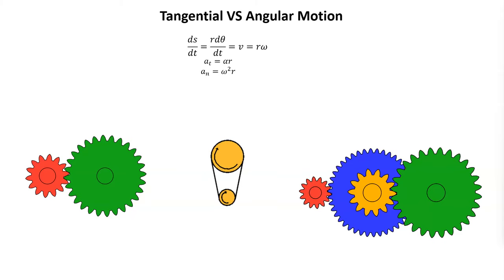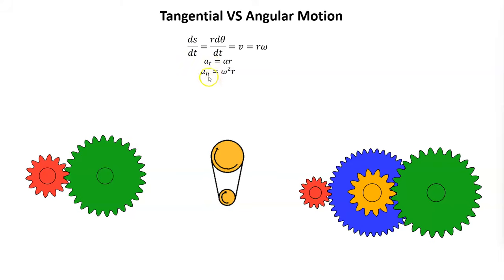So again, the radius times the angular displacement theta gives the velocity, which is the tangential velocity equal to the radius times the angular velocity. And you also have your angular acceleration times the radius, which is equal to your tangential acceleration.